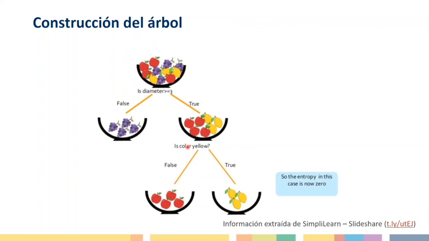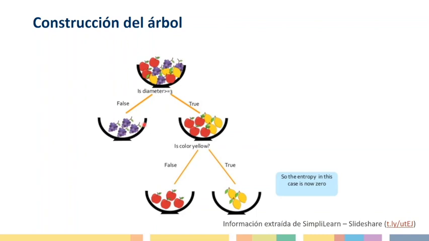In this case, it would be the diameter or the color. So in the construction of our tree, we could identify that the most important thing that helps us to classify a fruit immediately, or at least a fruit, would be the diameter. The diameter would help us to separate the grapes on one side and the rest of the fruits on another side.